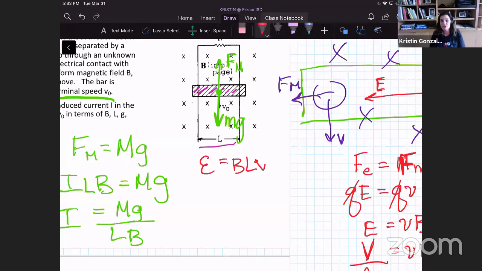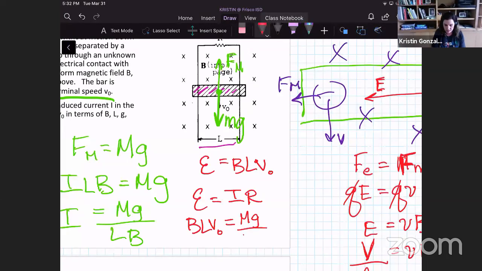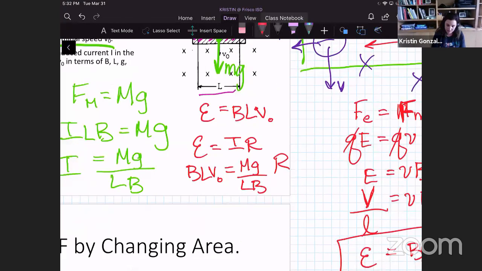But we can also use Ohm's law because we know that induced EMF is equal to IR. I know what my I is. It's mg over LB. And so I know what my EMF is, so I can say, well, B times L times velocity is equal to my current, which is mg over LB, times R. And so I can find what that resistance is.